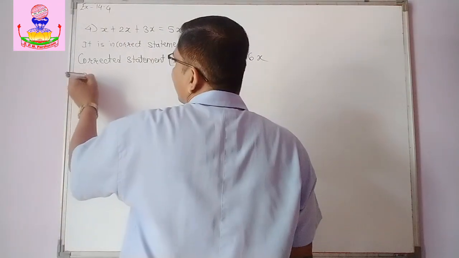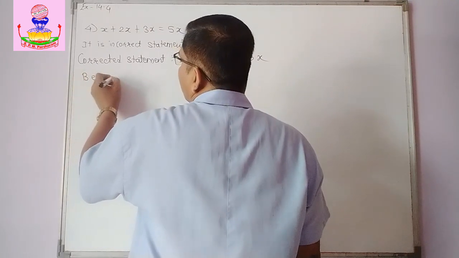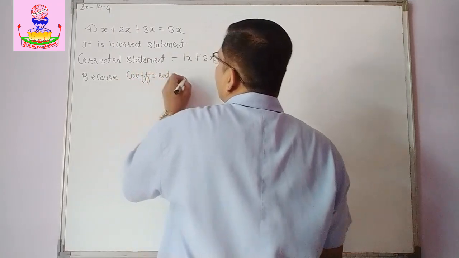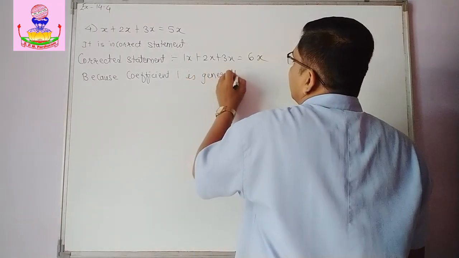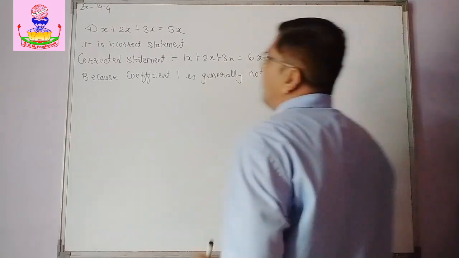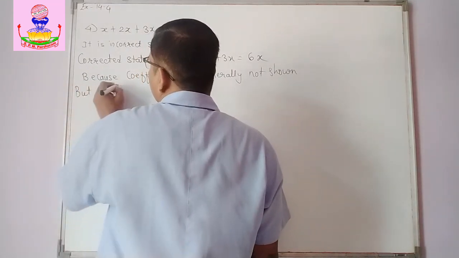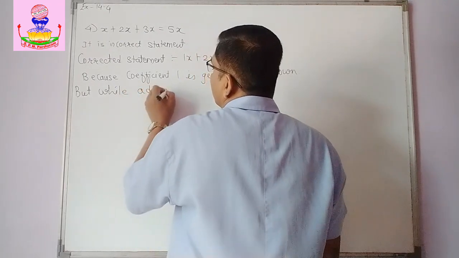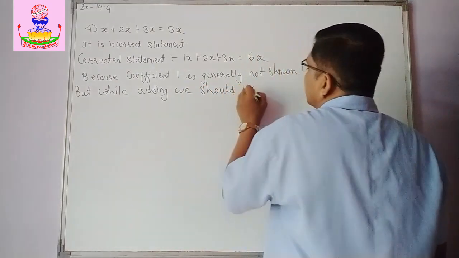Because the coefficient 1 is generally not shown, but while adding we should include it.